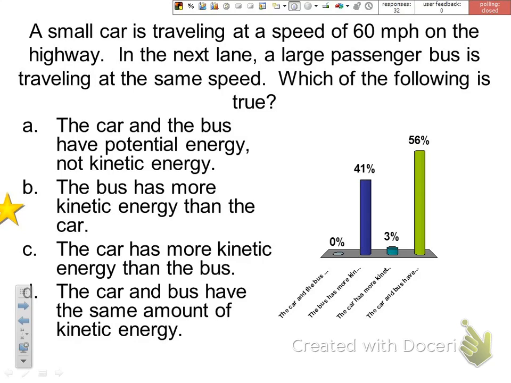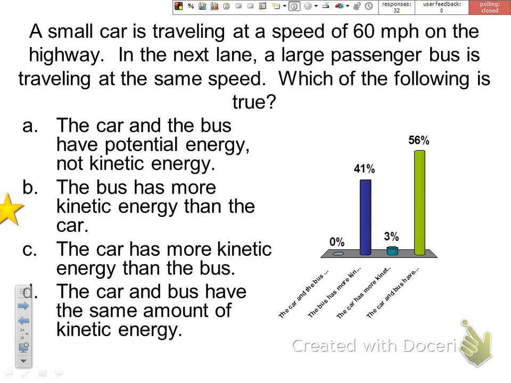Let's go back to your kinetic energy notes. What affects kinetic energy, Cody? The mass and what else? Eli? Velocity. Okay, in this case we know that they're going the same velocity, the same speed.